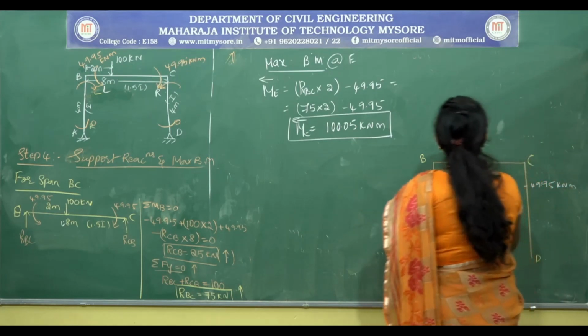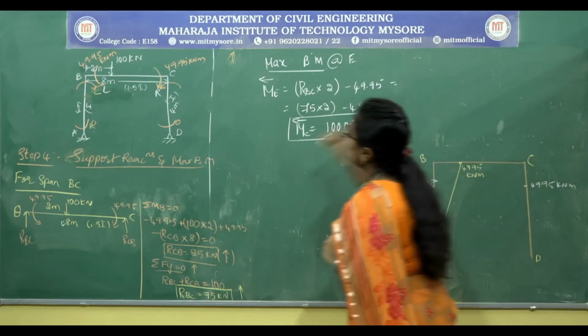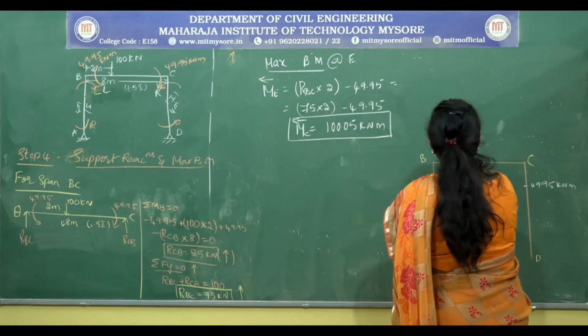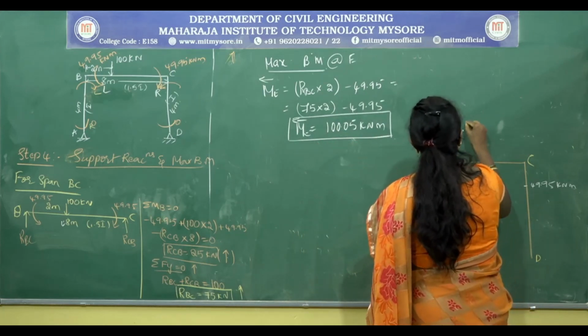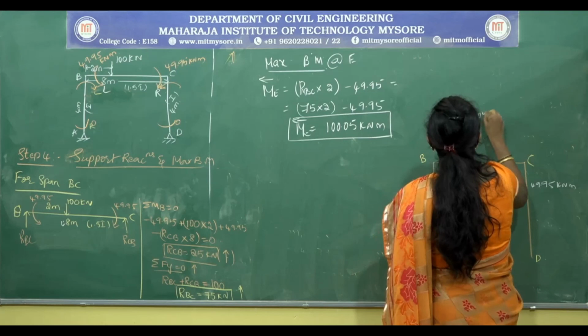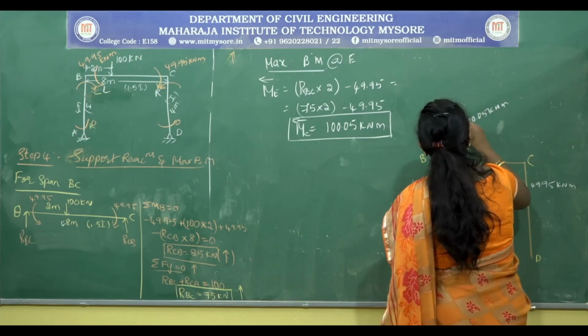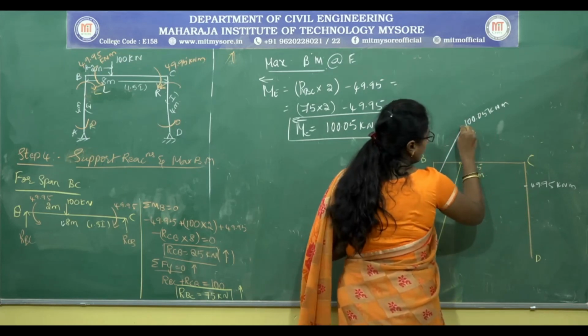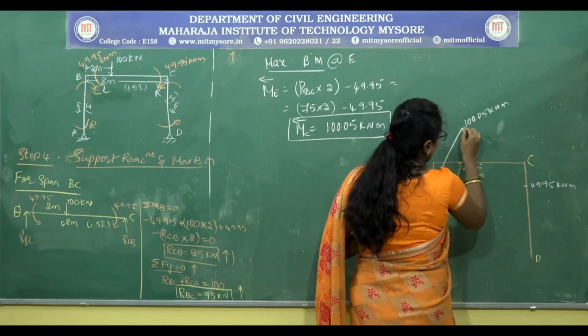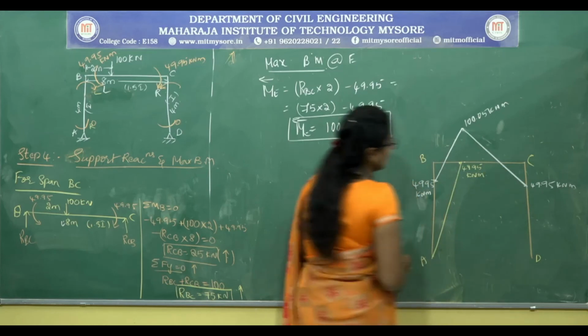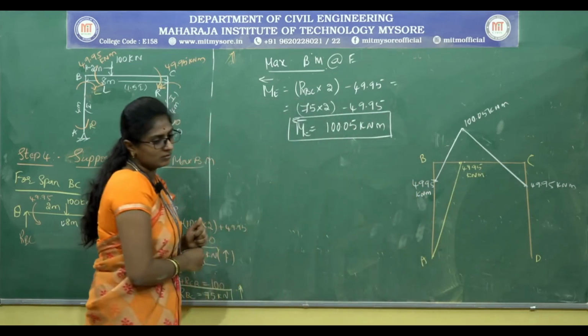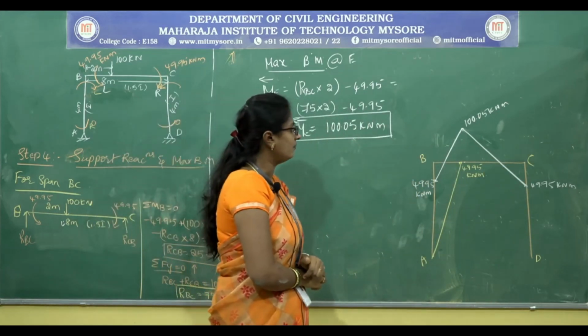But in between, we have the maximum moment of 100.05 at E, so this is 100.05 kilonewton meter. Join this. Since it is a point load, we can join in this manner.